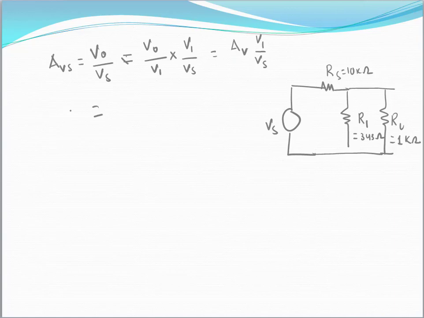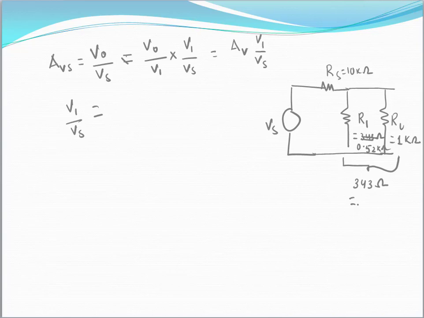So V1 by Vs, here we have also already calculated this value. Actually this is not 343, this is 0.52 kilo ohm, and this is around 343 ohm. So we can calculate it here.